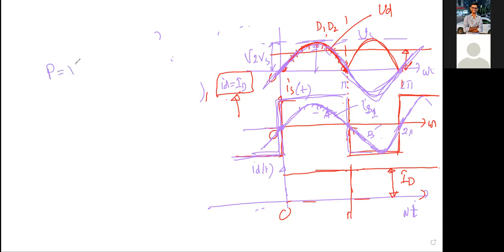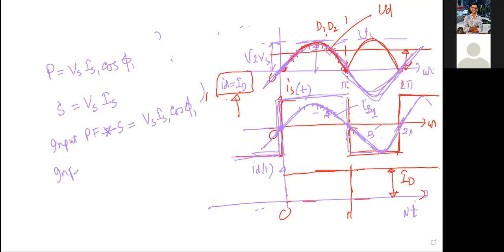P equal to, we have defined it, cosine of phi 1. Do you know S, apparent power? Yes, sir. VS IS. So input power factor multiplied by S, that is your input power, must be equal to your VS IS1 non-sinusoidal cosine of phi 1.